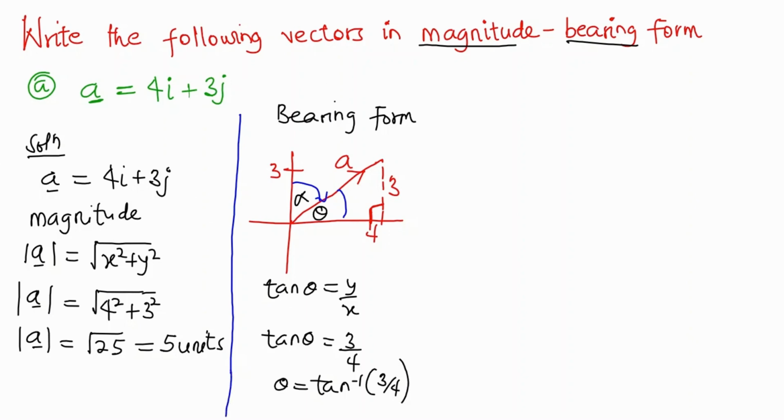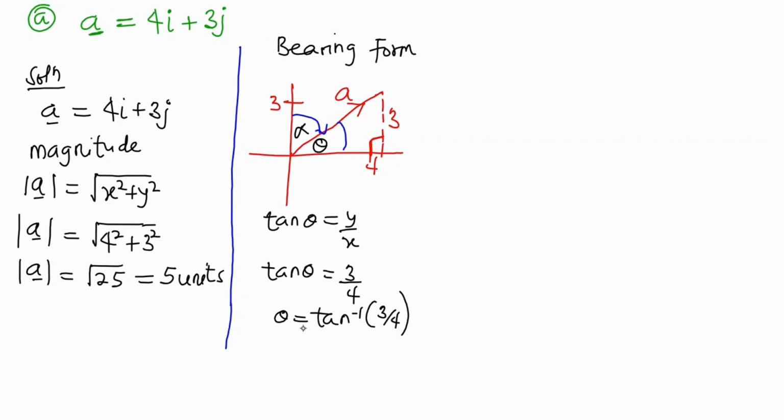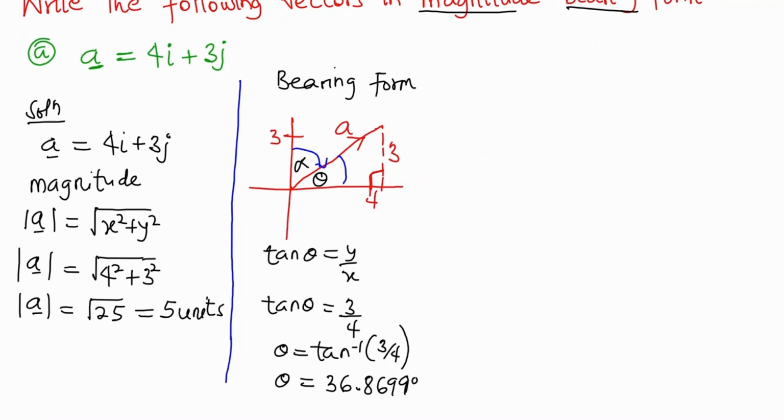The tan inverse of 3 on 4 gives us, to 4 decimal places, 36.8699 degrees.